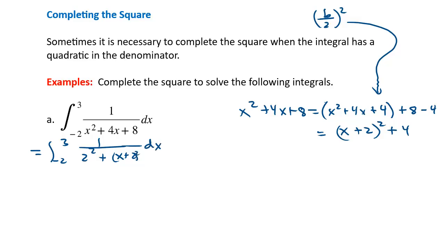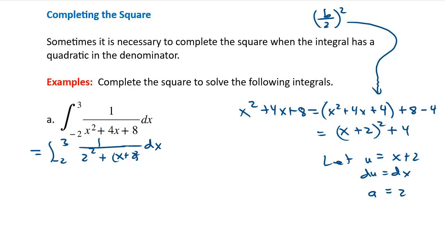Then I can let u be x plus 2, and du equals dx. My a term is going to be 2. So here's my u, here's my a. Now I have something that's recognizable.